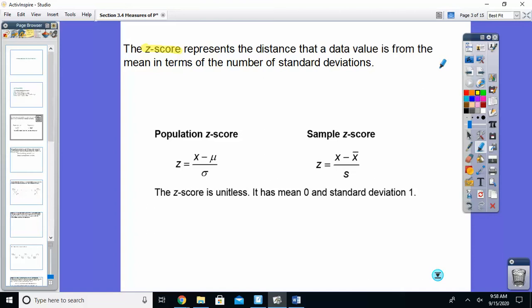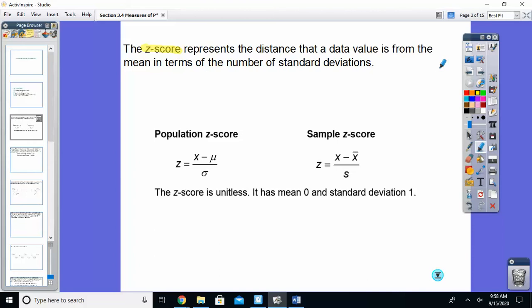Like a z-score of 2 means it is 2 standard deviations away from the mean. A z-score of 5 is 5 standard deviations away from the mean. So the bigger your z-score, the further it is from the average. A negative z-score would mean it's below the mean. A positive is above.